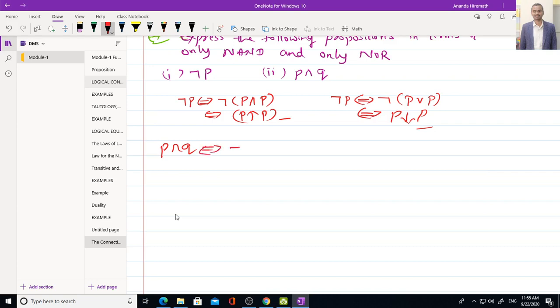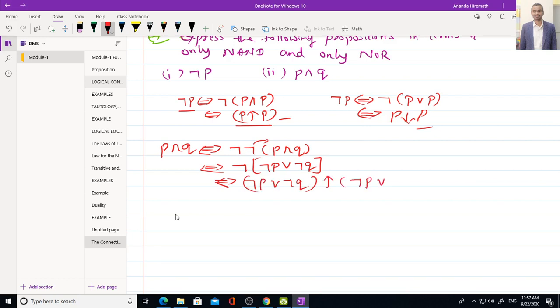So this can be written by taking double negation of P and Q. Now let us distribute the negation inside: negation of P or negation of Q. Now what we can do is, by using the previous example, previously if not P, then we have written P NOR P. So the same thing can be followed for not P or not Q.